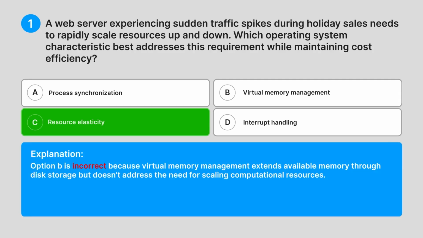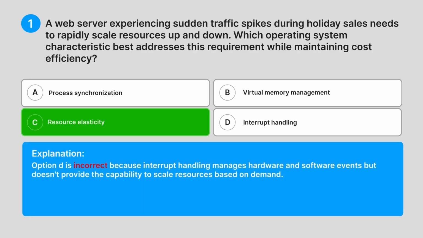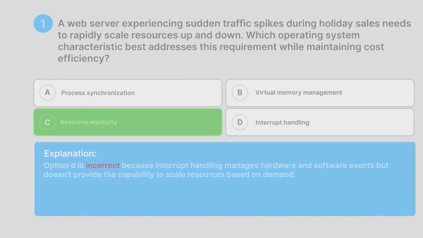Option B is incorrect because virtual memory management extends available memory through disk storage, but doesn't address the need for scaling computational resources. Option D is incorrect because interrupt handling manages hardware and software events, but doesn't provide the capability to scale resources based on demand.